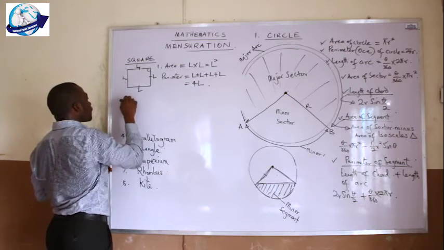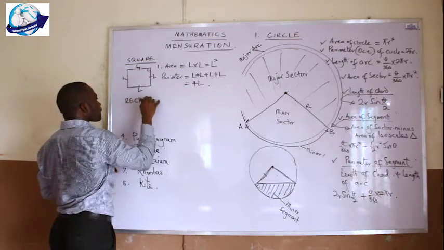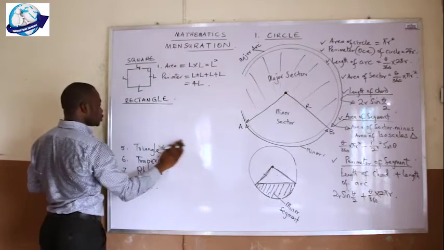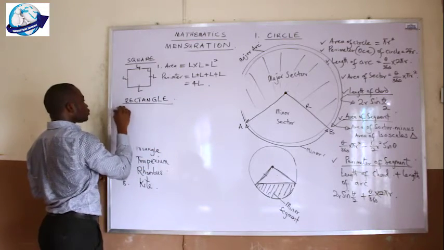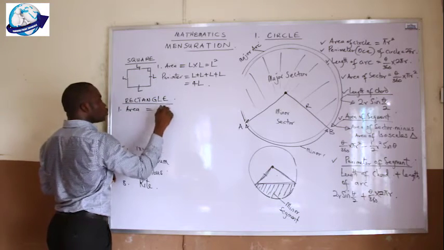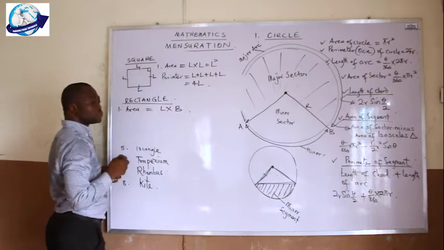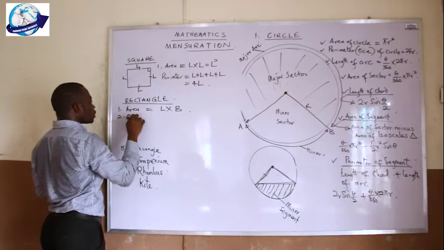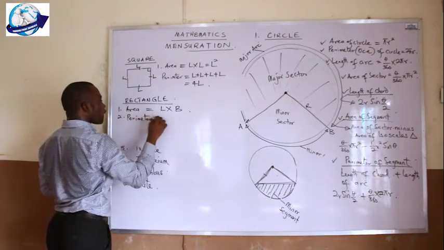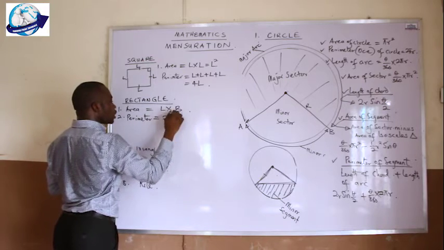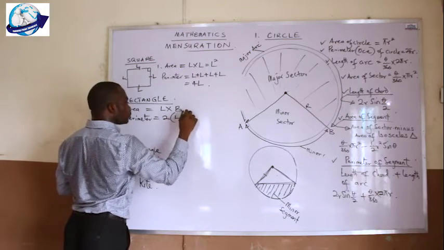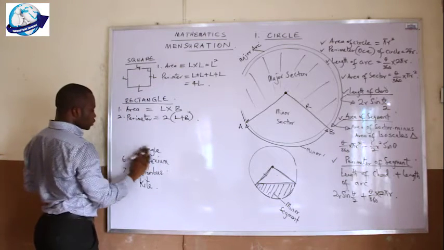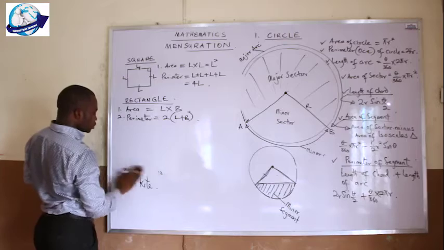Rectangle. In this rectangle, of course, you'll be asked to find area, which is length times breadth. Then you look at the perimeter, which is 2 open bracket length plus breadth. Then you can take other aspects in a rectangle.